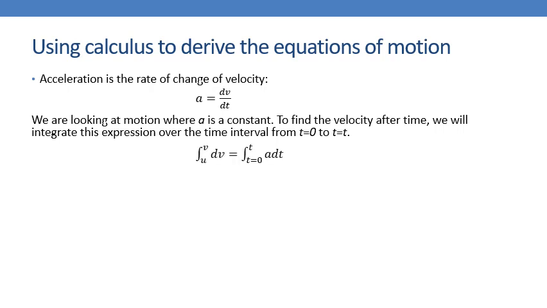We can rearrange this so we get the integral of dv is equal to the integral of a times dt. And we've put limits on our integrals here: t and t equals 0 over here, and for the velocity, we've got v and v equals 0, which we call u.